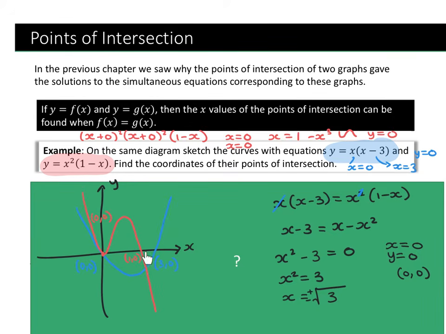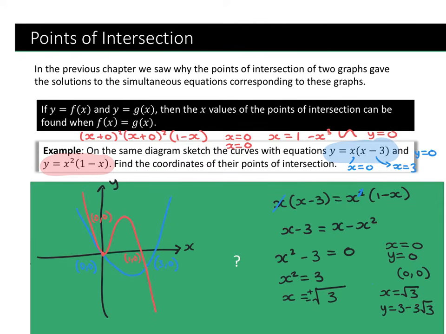This is a positive root 3, isn't it? So we're going to reject the negative. So x equals root 3. If x equals root 3, y is going to equal, and I can substitute in root 3 into any of these. So I'm going to get 3 times (1 minus root 3), which is 3 minus 3 root 3.